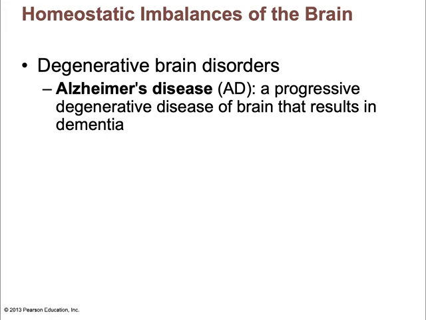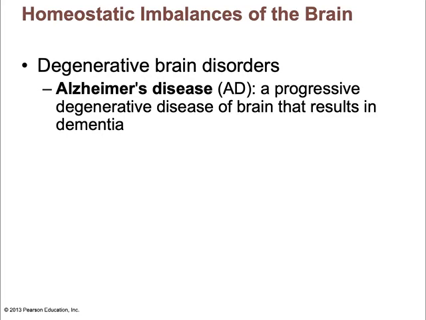Degenerative brain disorders include Alzheimer's disease, where we see death of neurons, okay, especially in areas that are important in processing memory, okay.